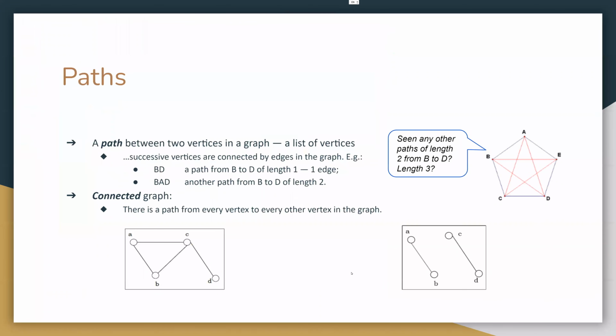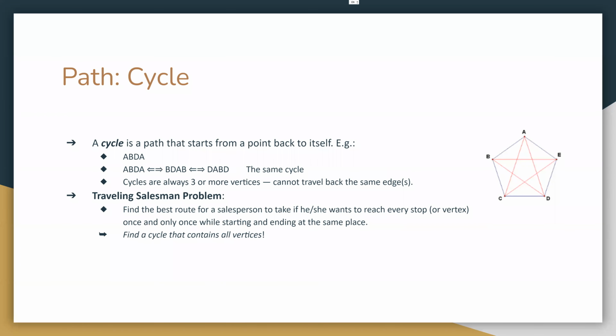So that's that. Okay, so we have gone through the connected and disconnected graphs. Next is cycle. In this complete graph, you can see that there are lots of cycles in there.